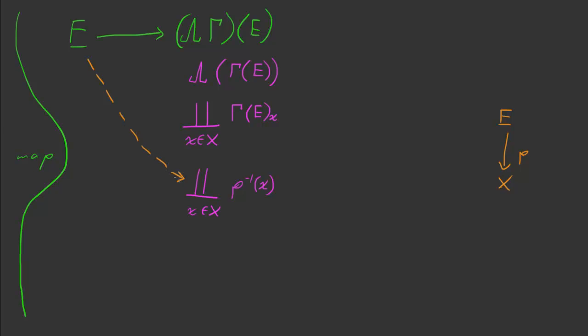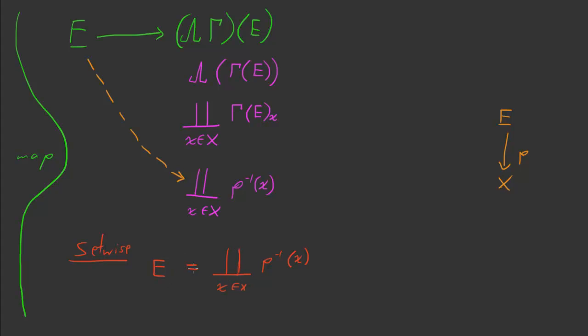And it is not very hard to guess what this is either. Set-wise, E is equal to this set, right? Because we've taken all of the fibers, we've looked at all of the inverse images, this gives us back all of the points of E. So set-wise, E is just equal to this disjoint union.